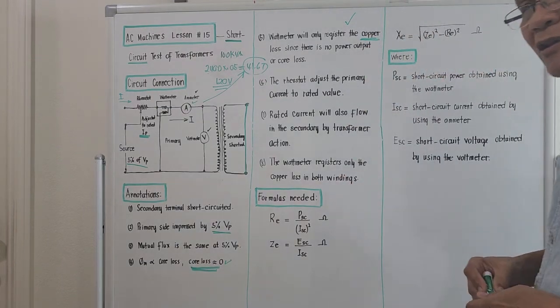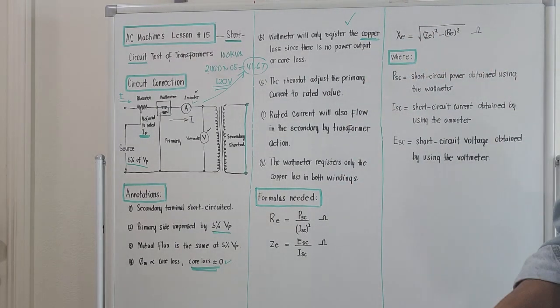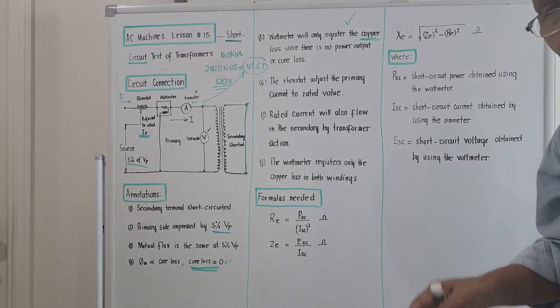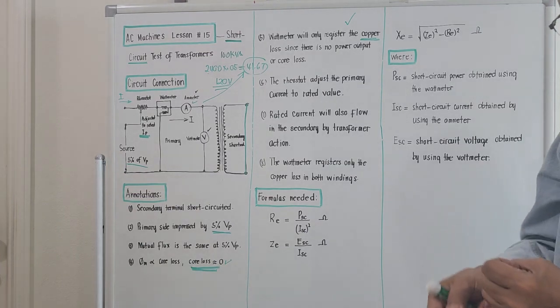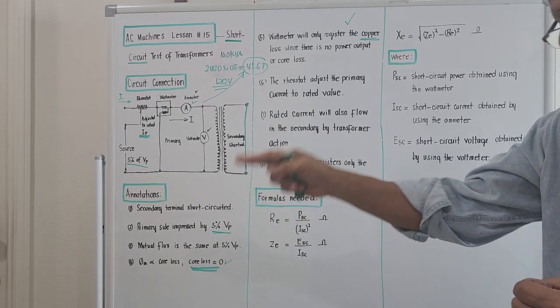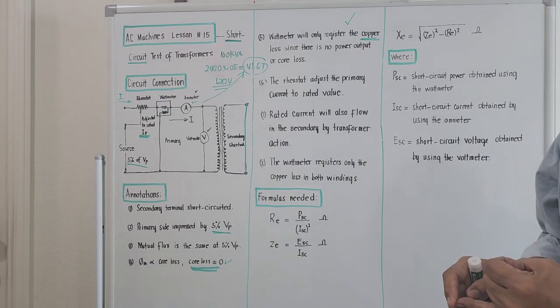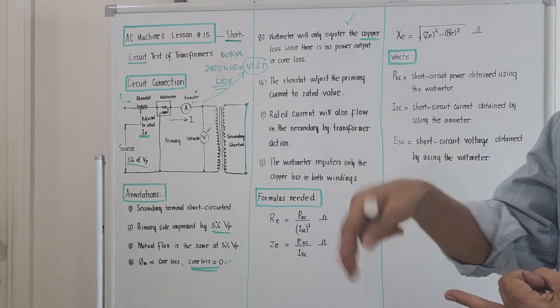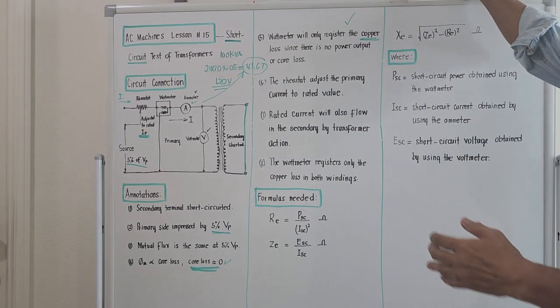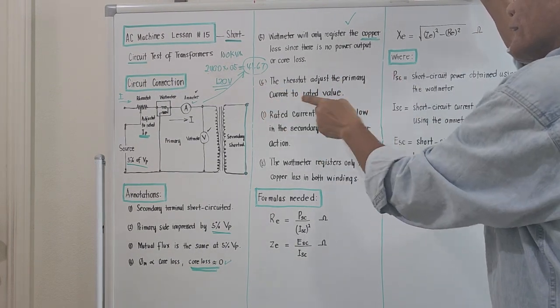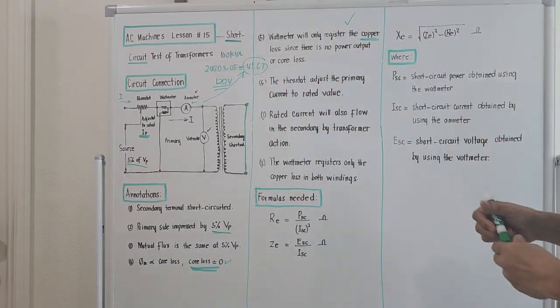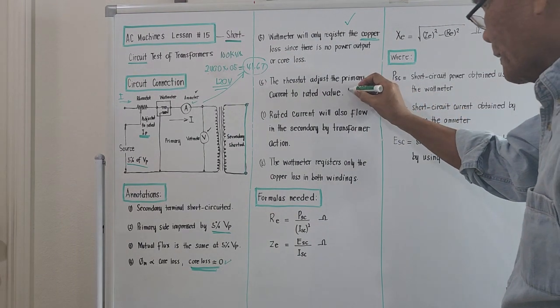Copper loss is the loss due to the reactance and resistance of the windings, because whether we like it or not, there is no perfect winding. There should be a small resistance like what we computed from lesson number 14, and there should be a small reactance, right? Number 6, the rheostat adjusts the primary current to rated value. I think I've told you this already.